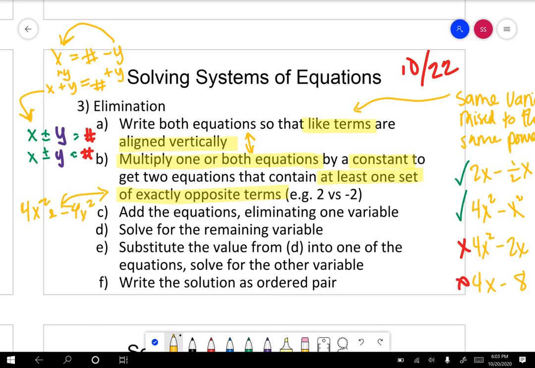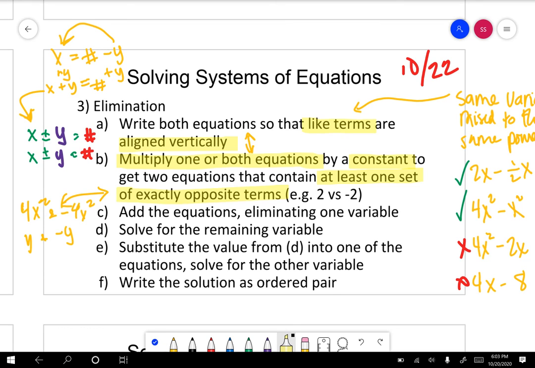Or maybe we have just y, and the opposite of that would be negative y. So basically it's just the negative or positive version, right? If it's positive, you'll do the negative version. If it's negative, you're going to do the positive version. And you change the equation by multiplying the entire equation by some constant, okay? I'll go over exactly what I mean by that with an example or two a little bit later.